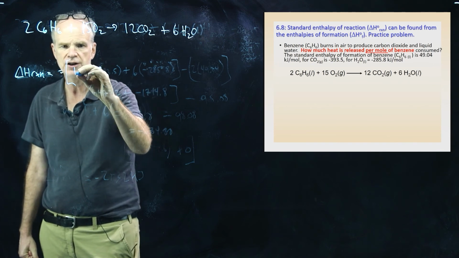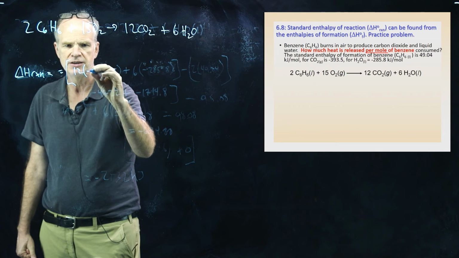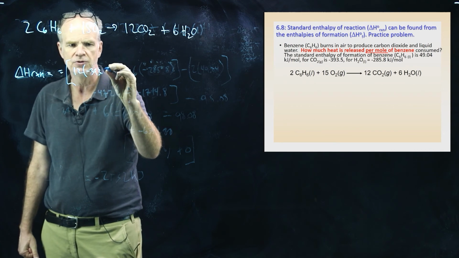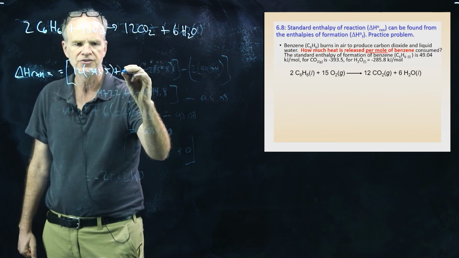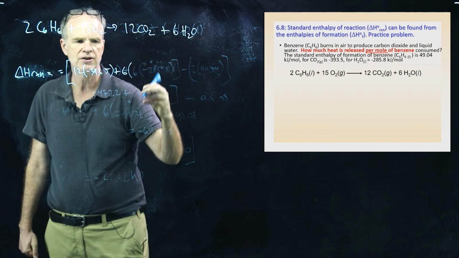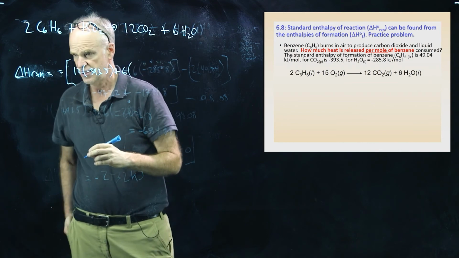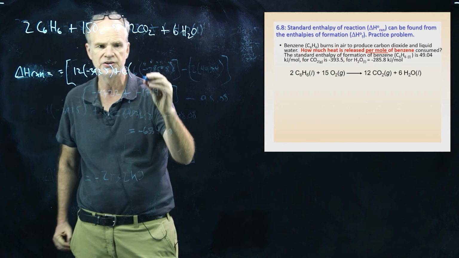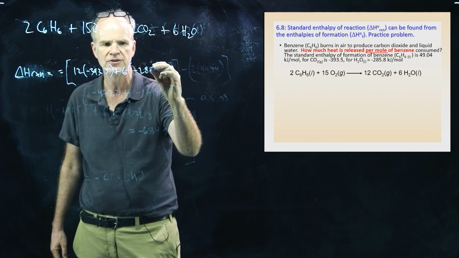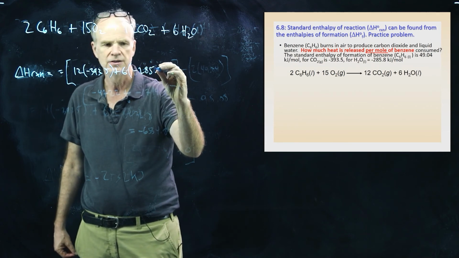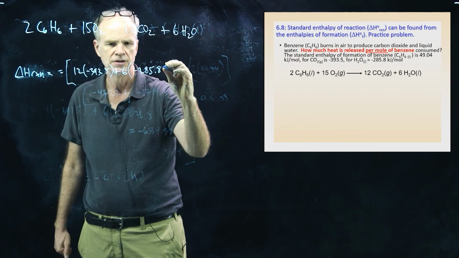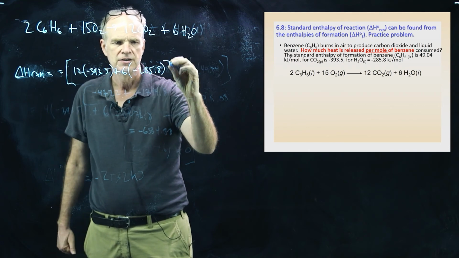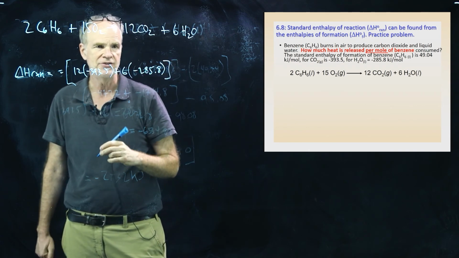So it's going to be 12 times negative 393.5 plus 6 for water, and the standard enthalpy of formation of liquid water is negative 285.8. Okay, and that takes care of the products.